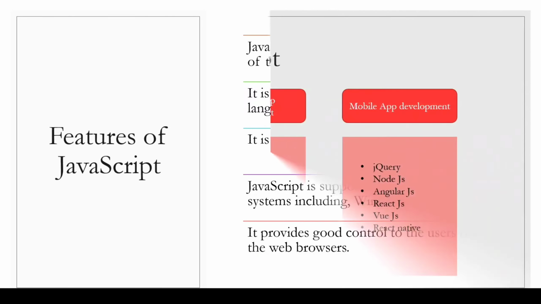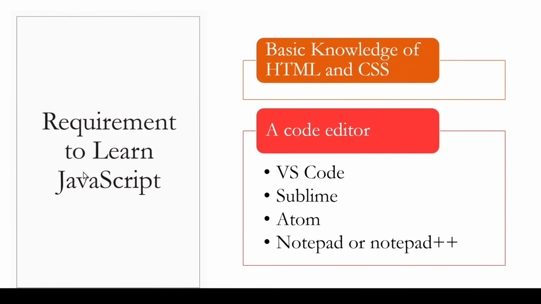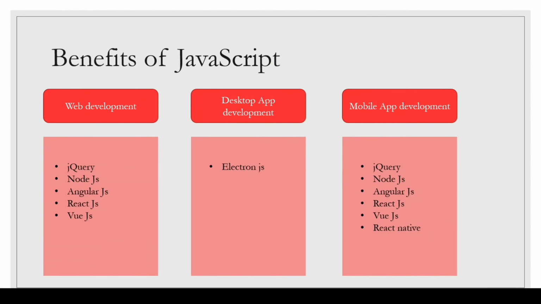After that, if you learn JavaScript, you can switch to web development, desktop app development, mobile development. These are the libraries that you have to learn to become a web developer. For desktop, there is Electron.js, and for mobile, there is another one, React Native.